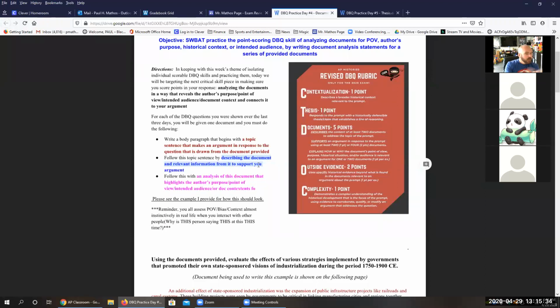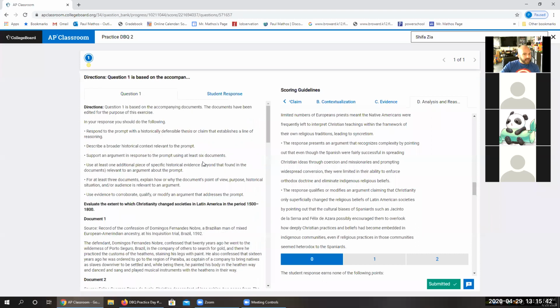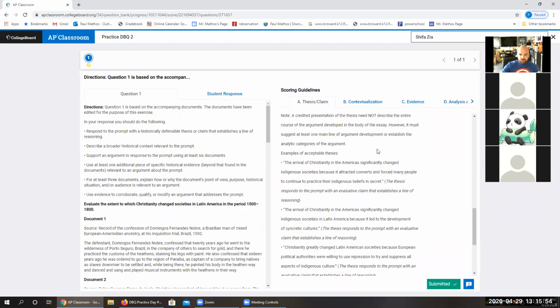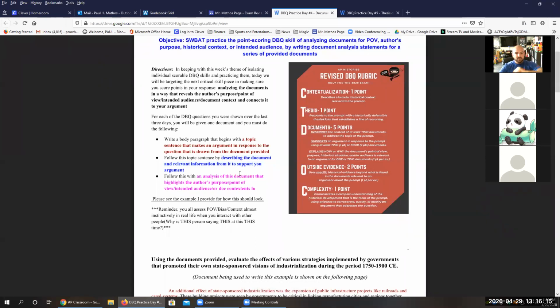For instance, from this newest DBQ, on the extent to which Christianity changed Latin American societies, maybe you claim that it changed societies significantly because it attracted converts and forced many people to continue their practice of their indigenous beliefs in secret. So maybe your first paragraph argument will go to supporting that relevant information.